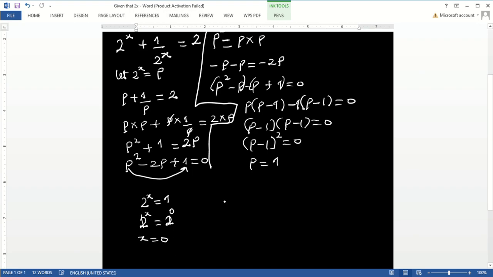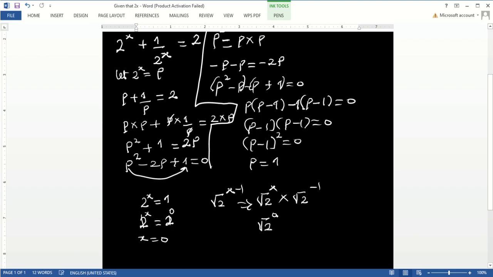So we go back to what we asked to evaluate, root 2 raised to power x minus 1. This is the same thing as root 2 raised to the power x times root 2 raised to the power minus 1. From indices, this can also be expressed as this. Here, we know that the value of x is already 0.